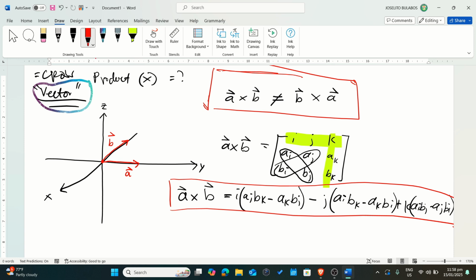and vector B. Now we could use the right hand rule, okay, by using this one.